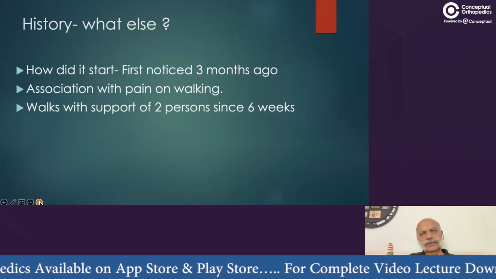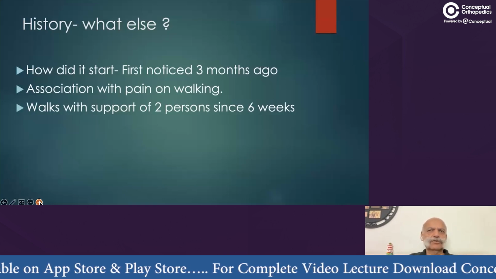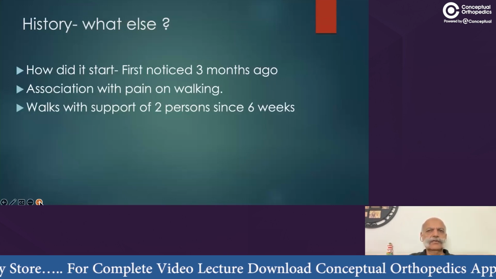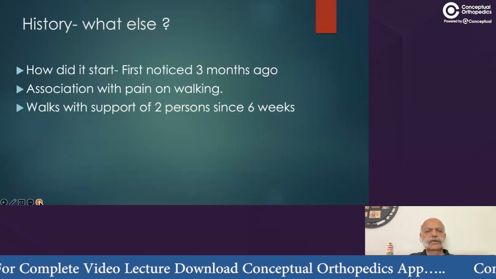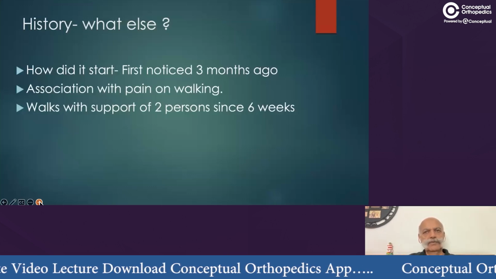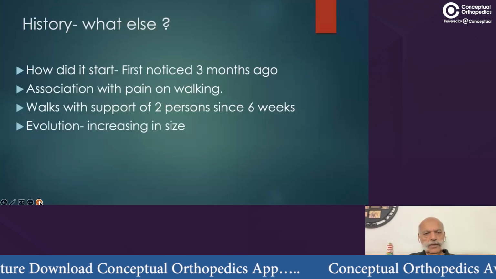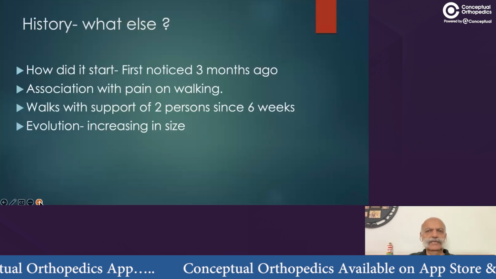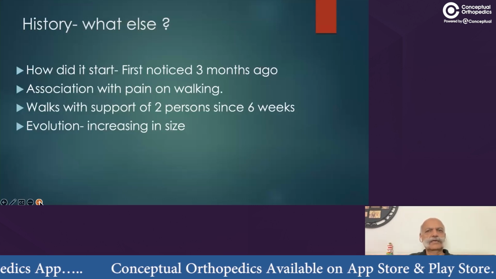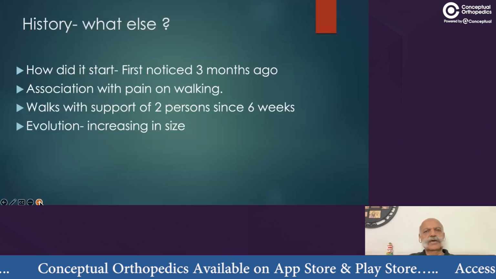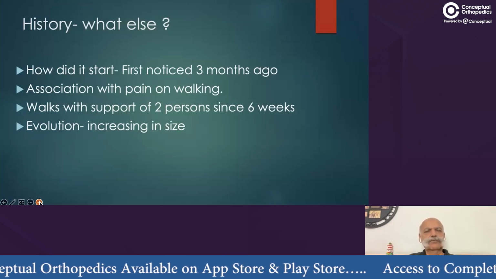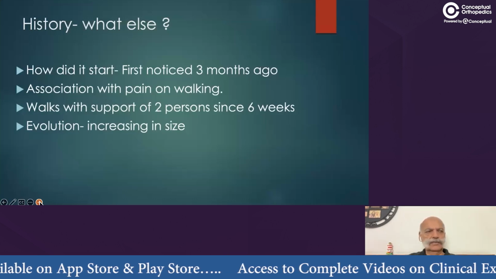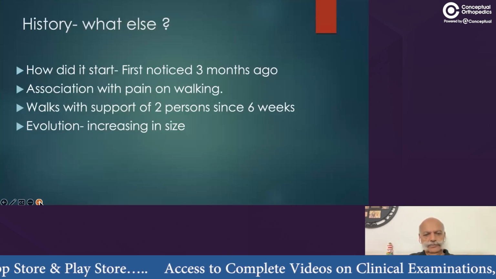The swelling has been there for 3 months, so for the first 6 weeks he was able to walk independently, but now the pain has increased to such an extent that he needs the support of 2 people if he wants to go to the bathroom. He was not able to tell us whether the swelling is rapidly increasing, but he said it is definitely increasing in size. Since the swelling was there only for 3 months, he is not able to tell us the rate of progression.